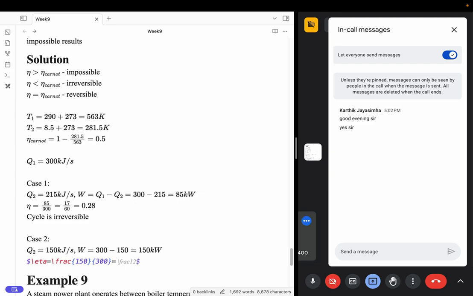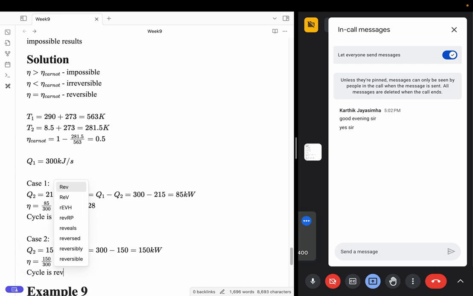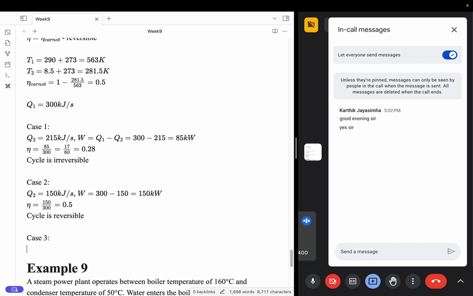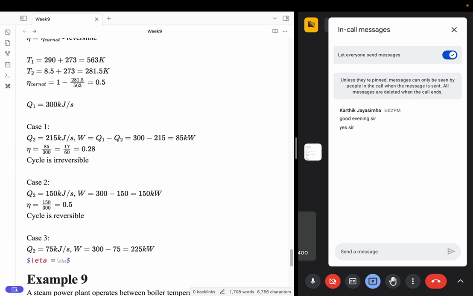So this eta is equal to Carnot efficiency, so the cycle is reversible. Now case 3, you have 75 kilojoule per second, so Q2 is 75. So what is the work done? And what is the efficiency? Which is greater than Carnot efficiency. So this cycle is not possible.